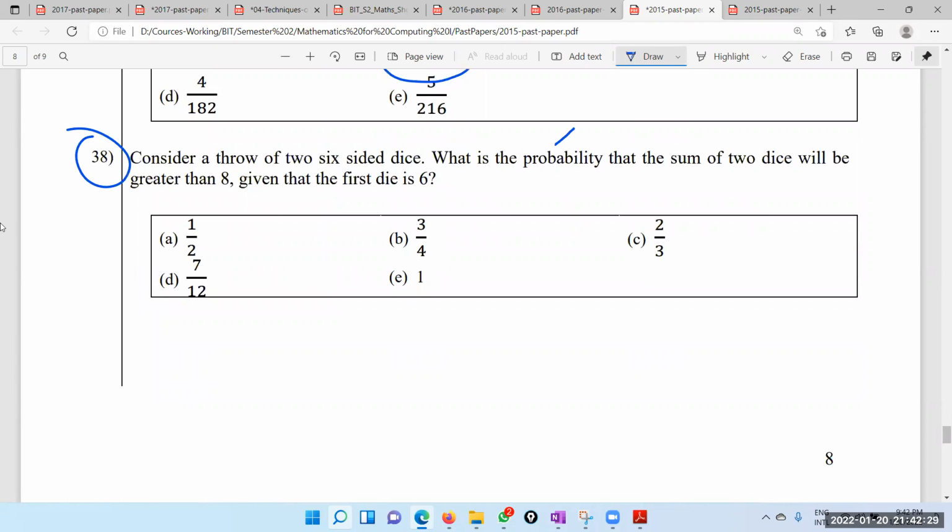Consider throw of a two six-sided dice. පැති 6 dice දෙකක් තියෙනවලු. Two six-sided dice. What is the probability that the sum of the two dice will be greater than 8 given that first die is 6, a conditional probability? පළවෙනි dice එකේ තියෙන 6ද.